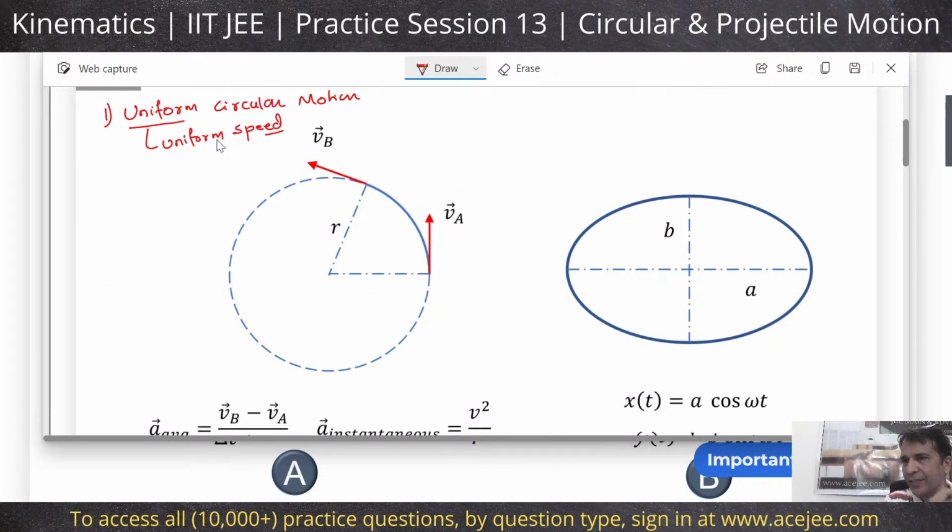So let me first ask the question, directed for now to Chavi. Beta, do you think the particle is under any acceleration if it is moving along a circular path at constant speed? Yes, sir. Okay. And what is the magnitude of the acceleration?